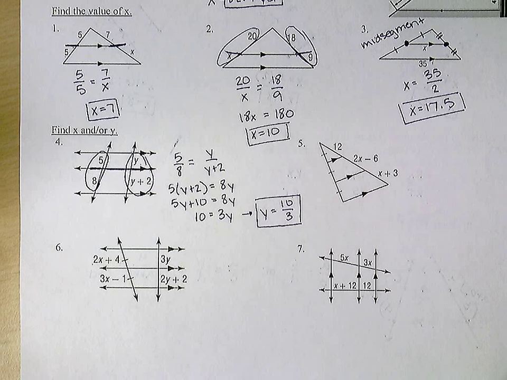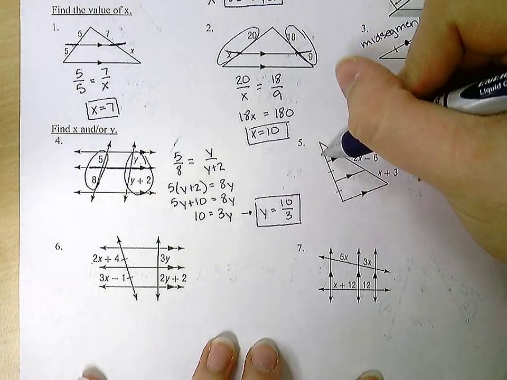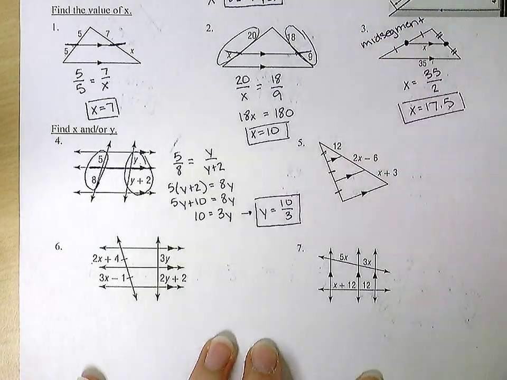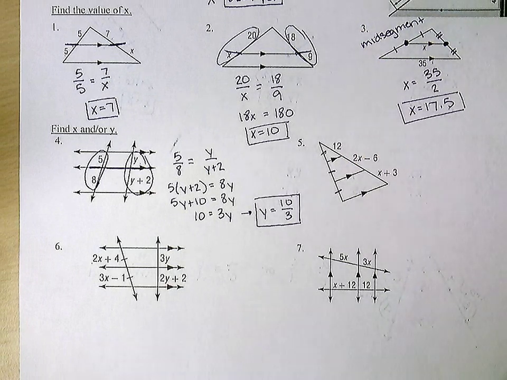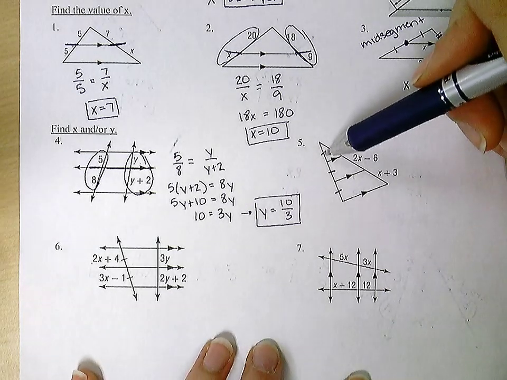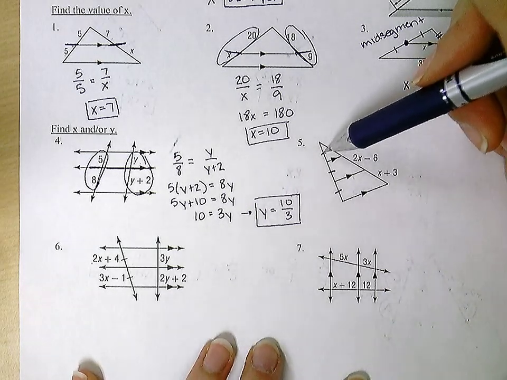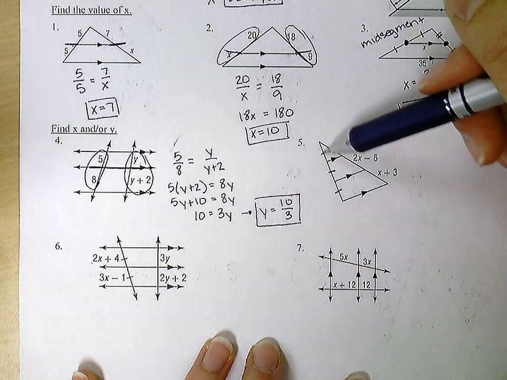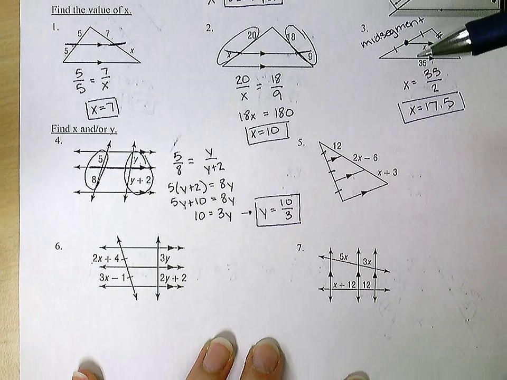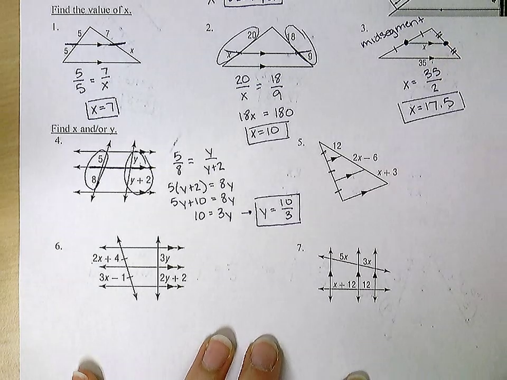Number 5. This one's a little bit different. I do want you to notice that all of these pieces here are congruent. Since these are proportional pieces, say I just made up a number for what this side length is, like 5. I would say this is 5 over 5 equals this over that, right?